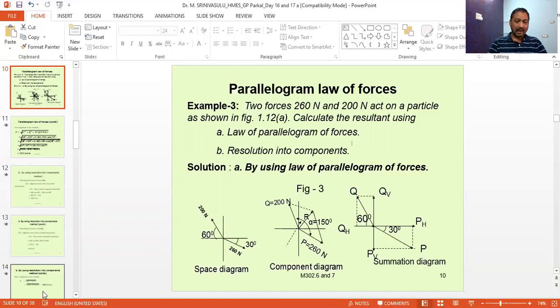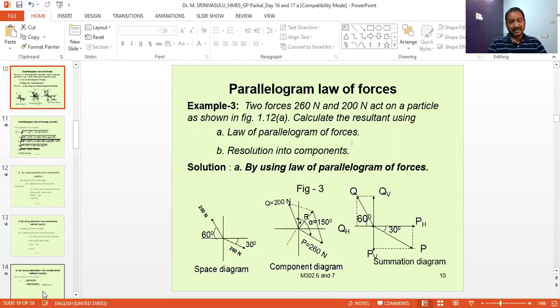And on the other way also, the force Q is acting in the second quadrant, in which the cos theta is negative. Whereas the force P is acting in the fourth quadrant, in which the cos theta is positive.